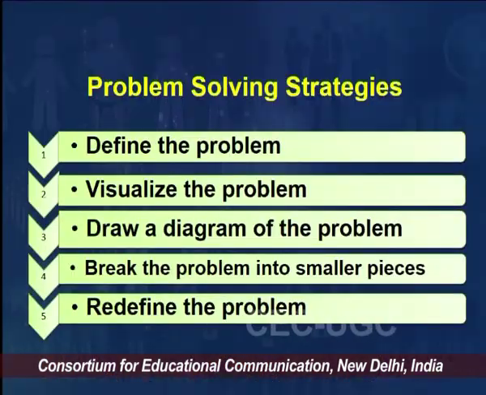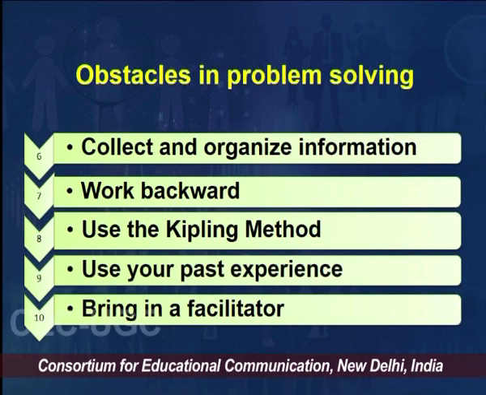Number one, define the problem. Number two, visualize the problem. Number three, draw a diagram of the problem. Number four, break the problem into smaller pieces. Number five, redefine the problem. Number six, collect and organize information. Number seven, work backward. Number eight, use the Kipling method. Number nine, use your past experience.